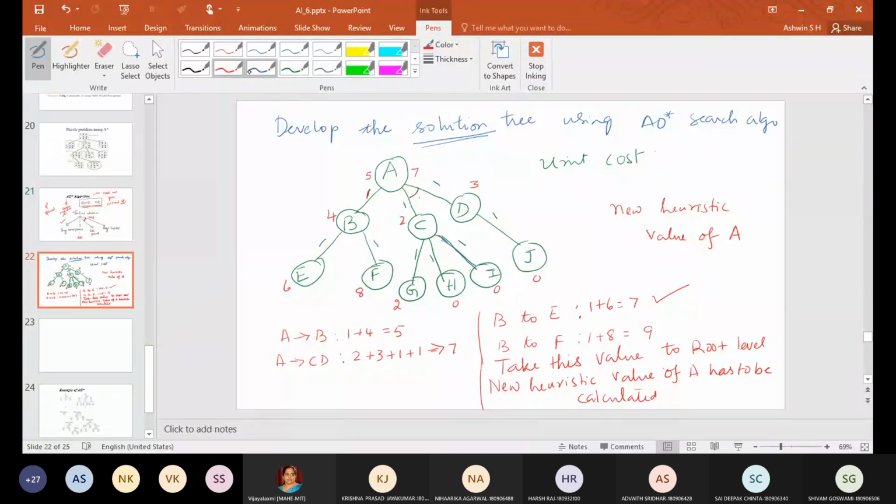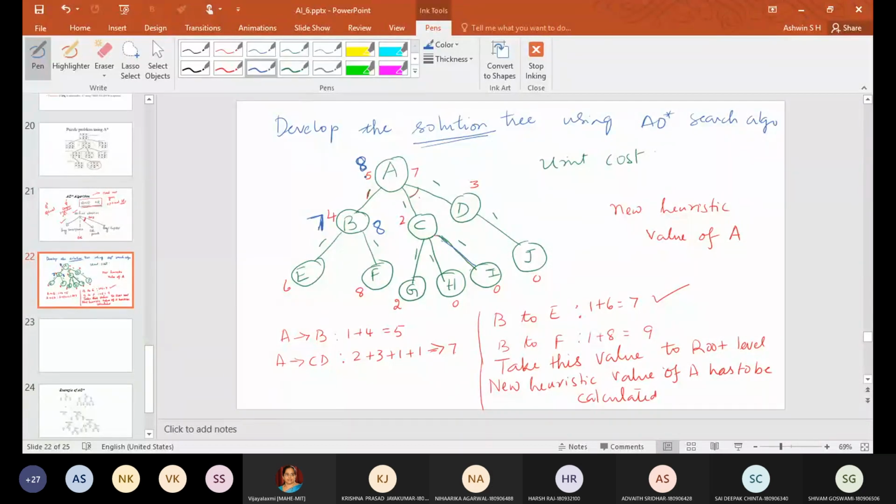I will take another color and write. So here you have got 7. Okay. And this side you have got 8. Here out of the 7 and 8, you take this smaller value. So this 7 value plus this one. So the new heuristic value of A is 8.